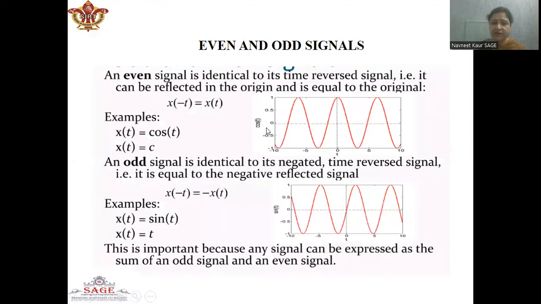Now, I have already discussed even and odd signals. An even signal means x of minus t is equal to x of t, most commonly represented by cos t. Cos is an even signal, whereas an odd signal is a negative reflected signal, that is, x of minus t is equal to minus of x of t. The example is x of t is equal to sine t. We can see that the sine signal is an odd signal.